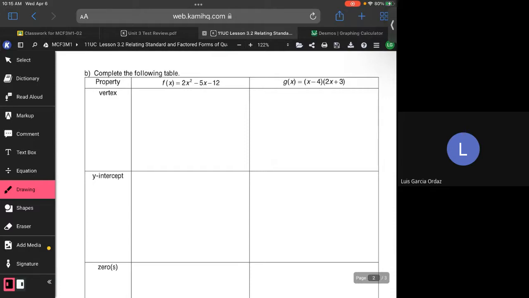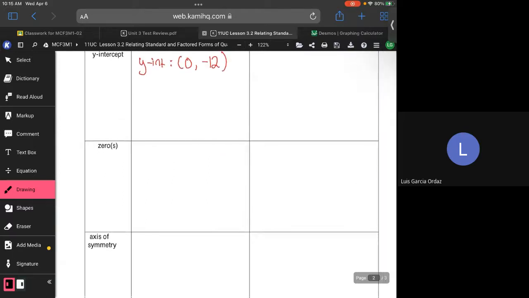The y-intercept. And the y-intercept in standard form is always going to be the last number in the equation. So what is my y-intercept going to be in this case? -12. So the y-intercept is going to be (0, -12).